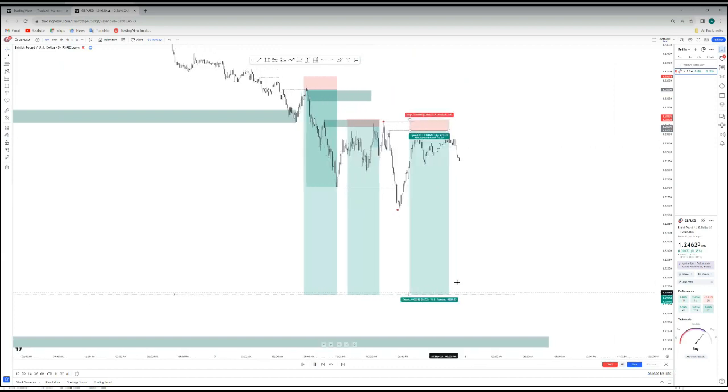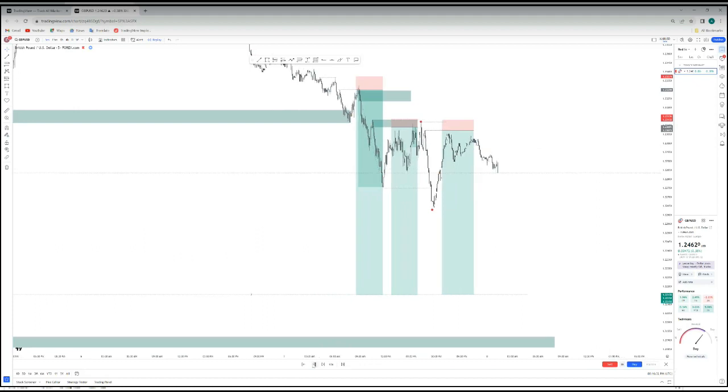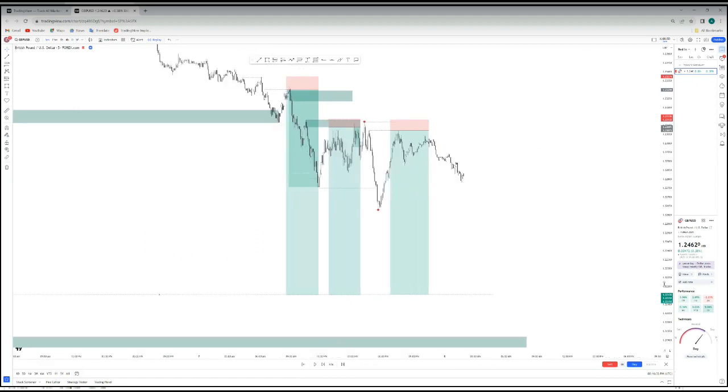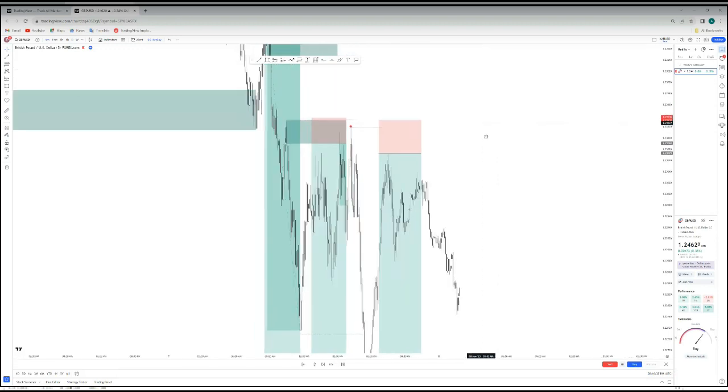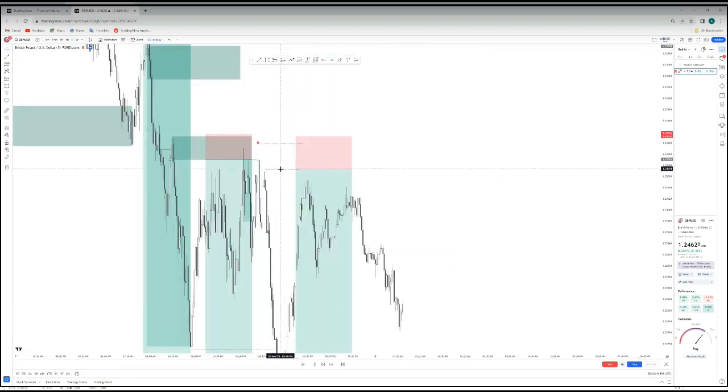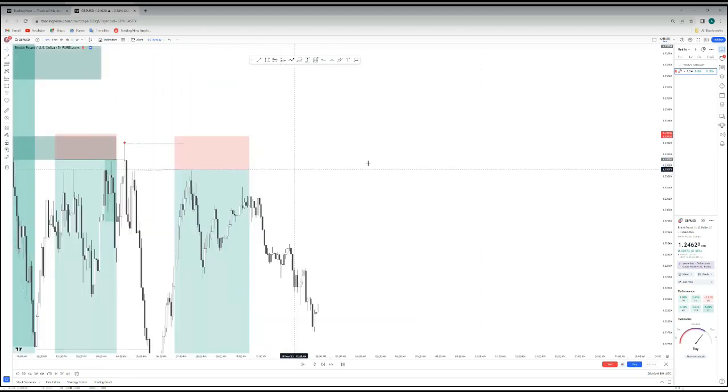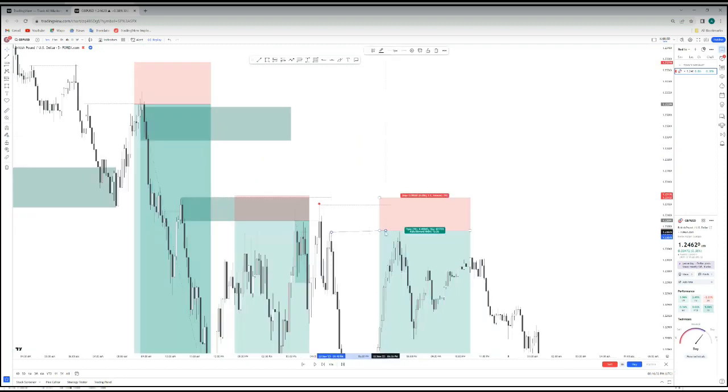Now, for some brokers, this will not pick, and for some brokers, this is going to pick. I did not do this properly. Yeah, this is it.